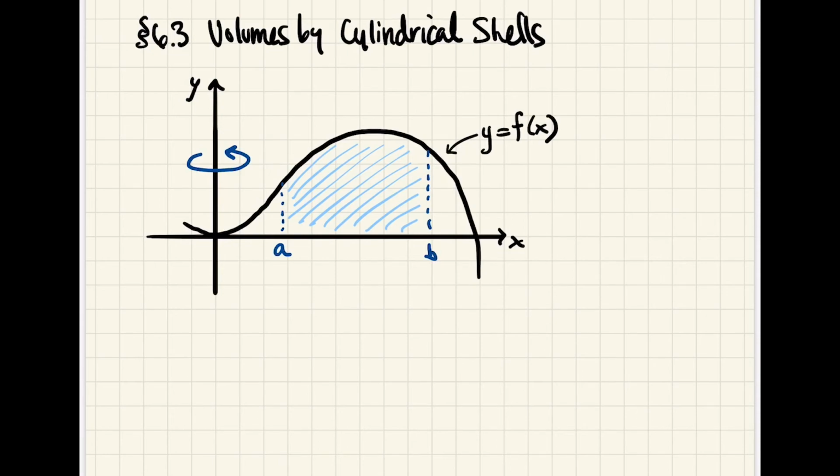Now, looking at this region, I hope that you can see that integrating this region with respect to x is eminently superior to integrating it with respect to y. Right? There's a consistent upper function, a consistent lower function, and there's a left x value and a right x value.